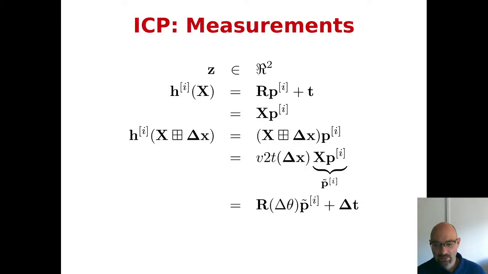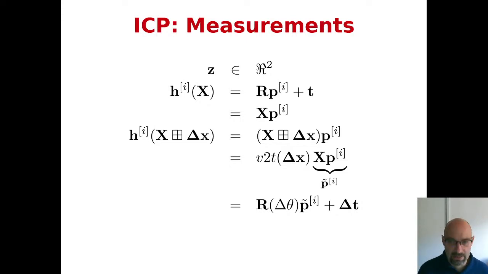The other aspect was to define the measurements. In this case, the measurements of this version of ICP are Euclidean, right? So if they are Euclidean, then automatically you don't need to define the box minus, you don't need to define the Euclidean parameterization because you already live in a Euclidean parameterization. You are as happy as you can be. The prediction function then becomes the same prediction function of ICP.